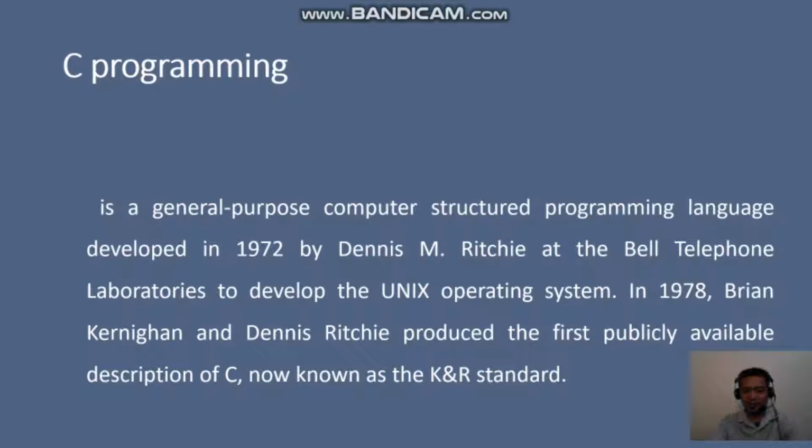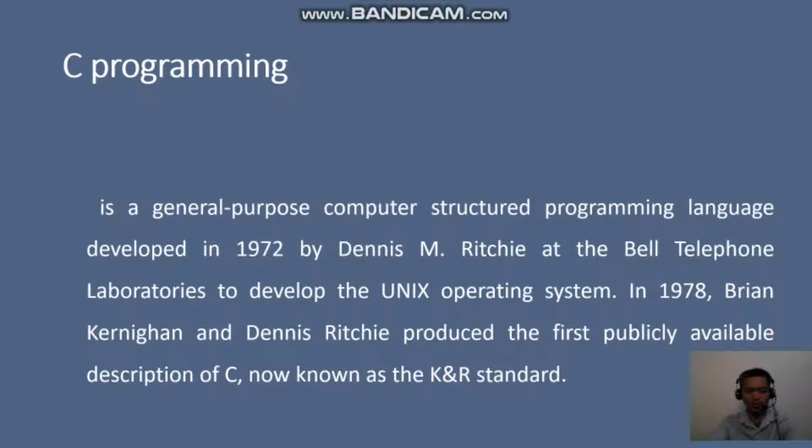So let us define C programming and appreciate its background. So C programming is a general purpose computer structured programming language. It was developed by Dennis Ritchie way back in 1972 at Bell Laboratories. The main purpose of this C programming language was to develop the Unix operating system.